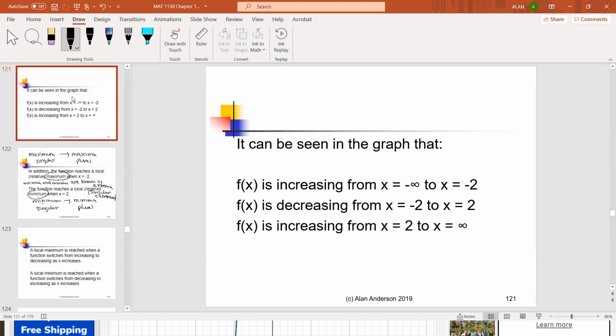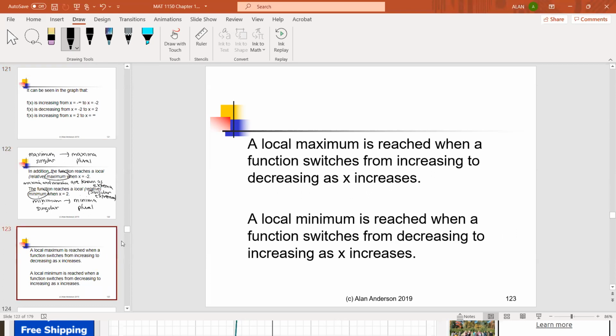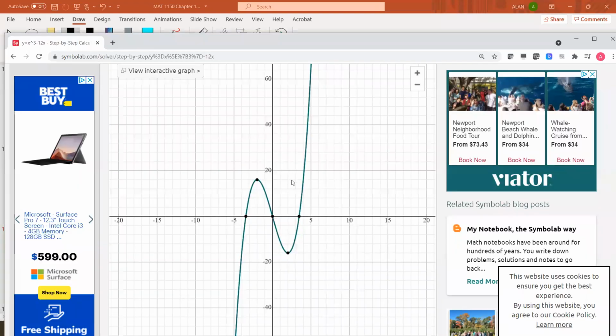All right, now, how do we identify? Now, how did we know this? I mean, sure, the graph is helpful, but how do you know that these are the 3 points where the function changes direction? Because if you notice the slopes, look at the slopes, right here at the local maximum, the slope of this function switches from positive to negative. And it continues to be negative until we reach this minimum where the sign switches from negative to positive.